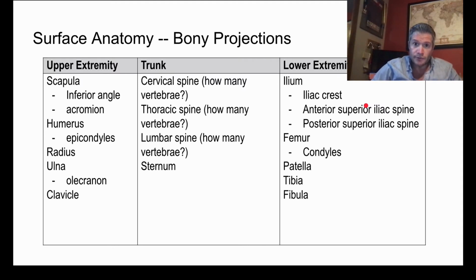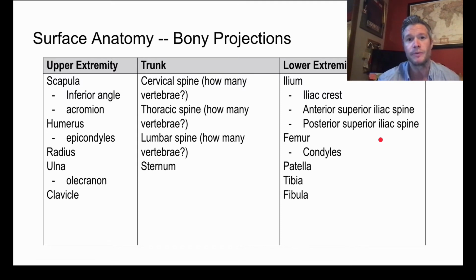So right at the front top part of your hips, you notice they kind of stick out a little bit. So it curves at the top and then sticks out. There's a little notch. That's your ASIS.